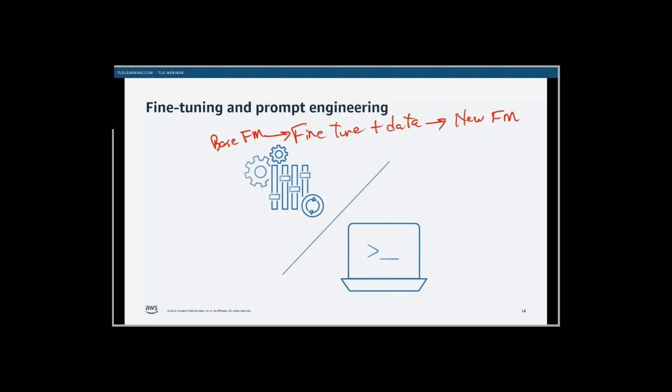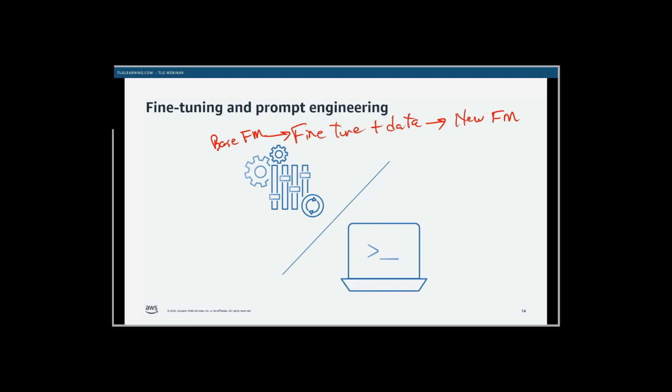You want to train the foundation model on that, so it's familiar with your proprietary design for your product or whatever it might be. So you'll end up with a new foundation model that is optimized for some particular task or some particular domain of knowledge.